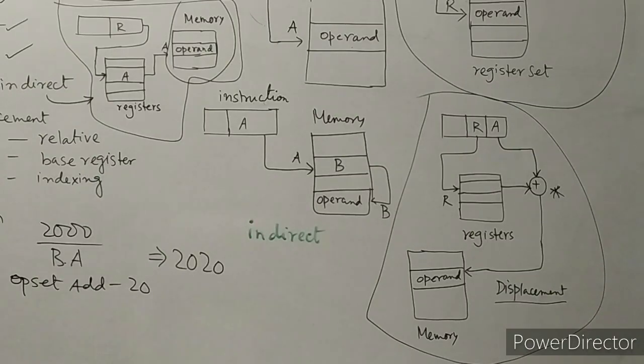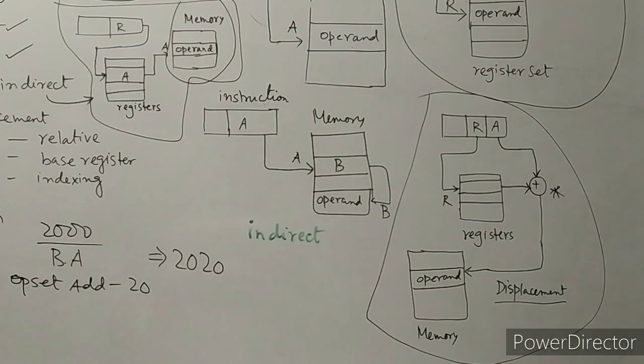The last case of displacement is indexing displacement addressing mode. In case of indexing, one register contains the starting base address of the memory block, and the other register contains the index. You know, in case of accessing data from an array, we used A[4], A[5], A[6].